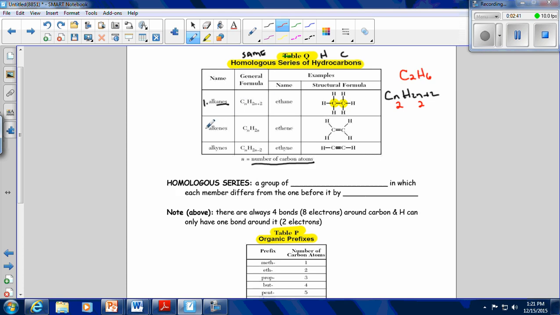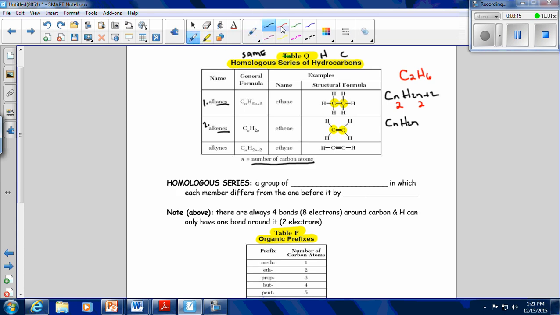Now, number 2, the second example, are the alkenes. Its chemical formula is CnH2n. N still represents the number of carbon atoms that are present. So if we take a look at this example here, structural formula for ethene, you can see that we have 2 carbon atoms present.